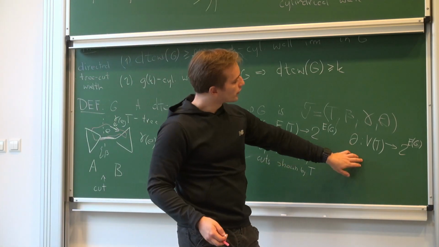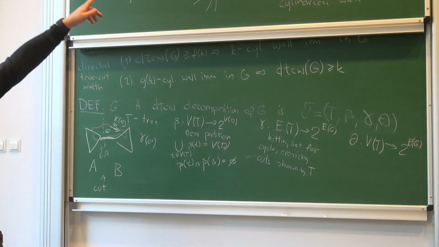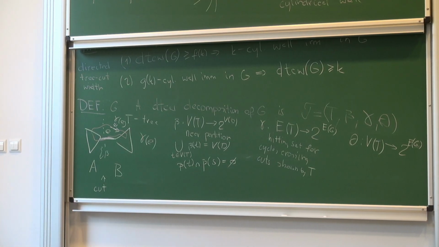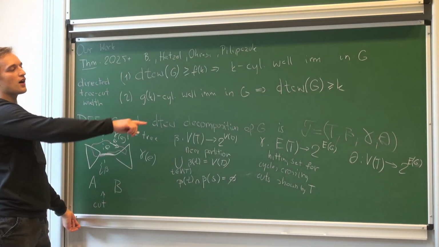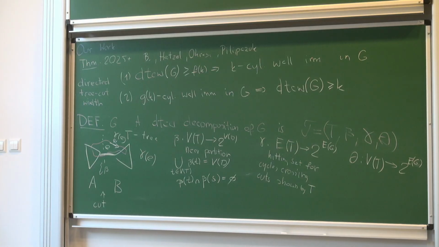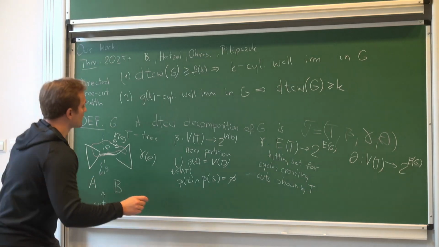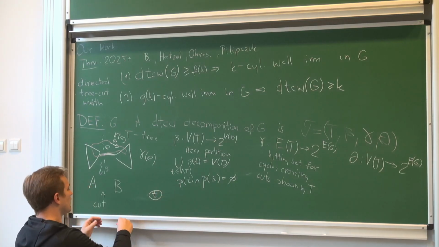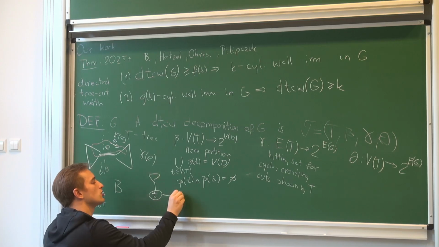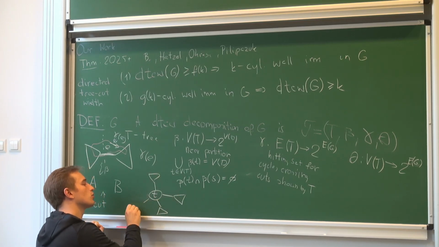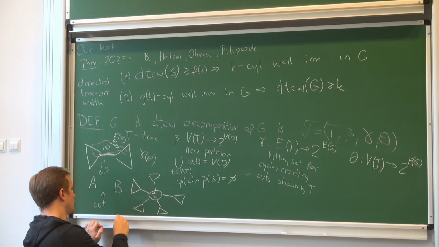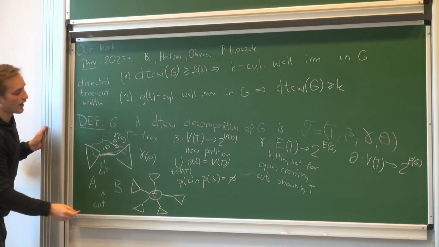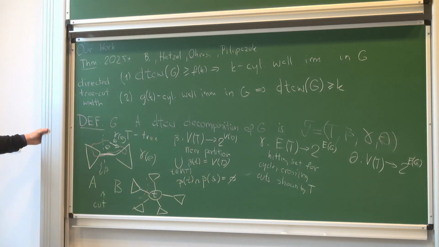So the story for theta is more inspired by these onion star examples. What is different is that now I'm mapping from nodes to sets of edges, and you might guess that this is a hitting set for something, and it will be a hitting set for some kind of onion. So now when I have this selected node t, I again see some possibly big number of edges incident to t. And each such edge, again, introduces a cut in my digraph.